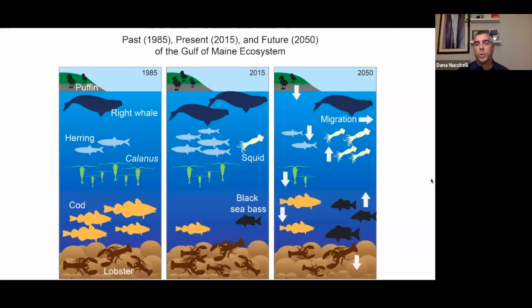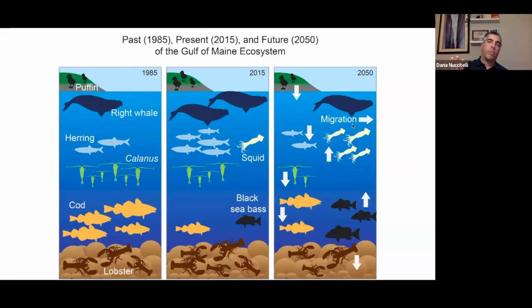And then this is a cool chart also from the report showing the changes to the Gulf of Maine ecosystem as the oceans get warmer. So you can kind of see the changes since 1985 to roughly today and then what's going to happen by 2050. So the arrows kind of give you an idea what we're expecting in the future, where populations of puffins and herring and cod and lobsters are expected to decrease due to the warming of the Gulf of Maine.